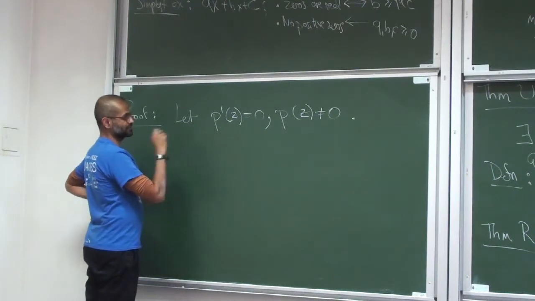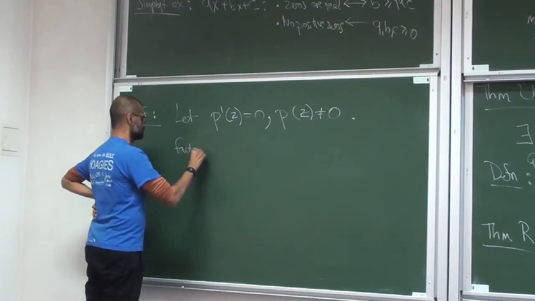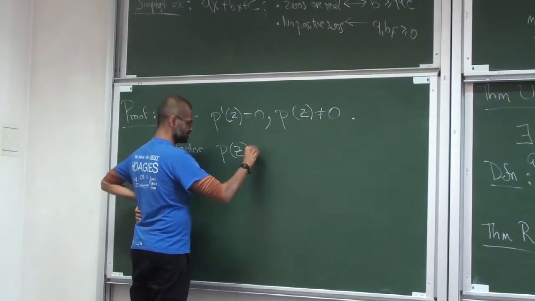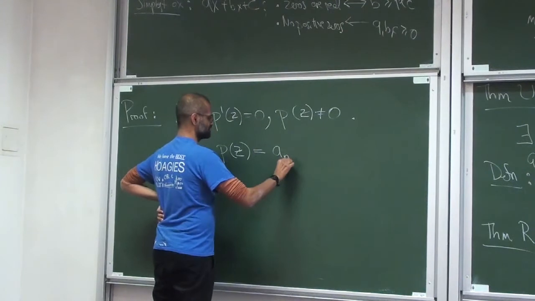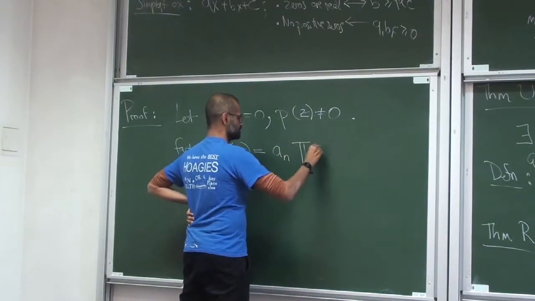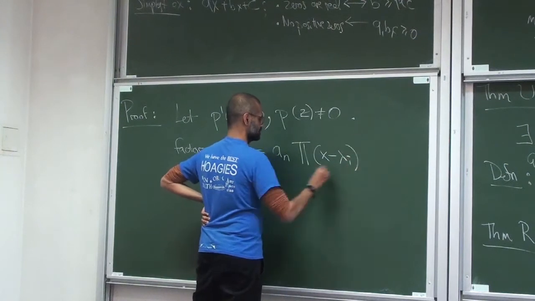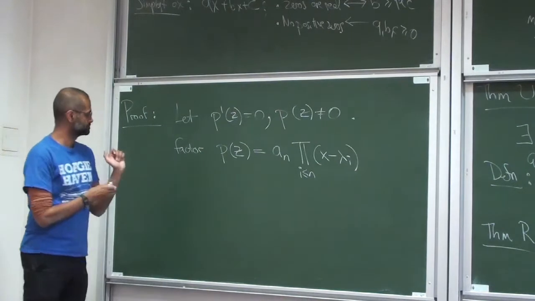Now let's factor p. By the fundamental theorem of algebra, I can factor this. There's a leading coefficient here. Let's assume p has degree n.